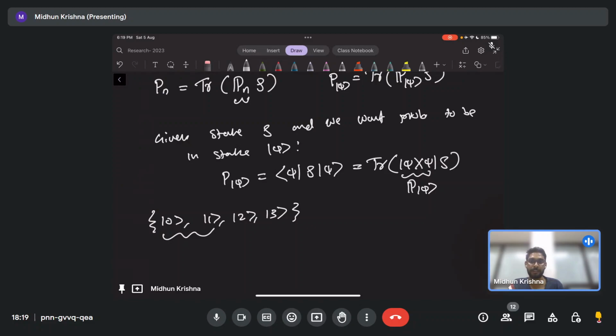What I'm interested in is knowing whether I'm in the ground state or in one of the excited states. This is a very valid question to ask.